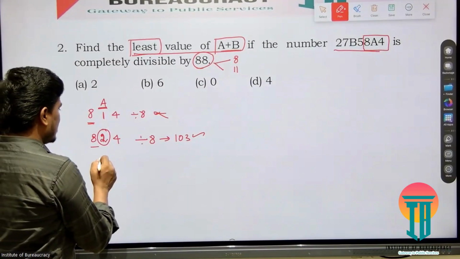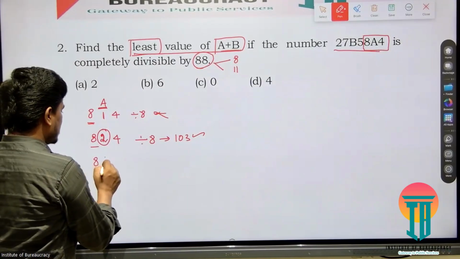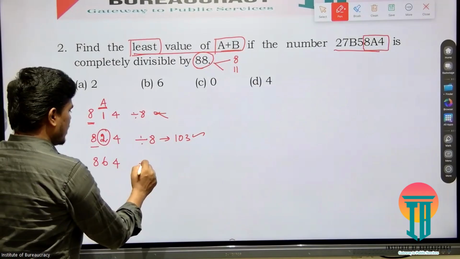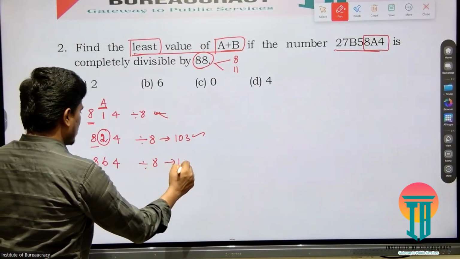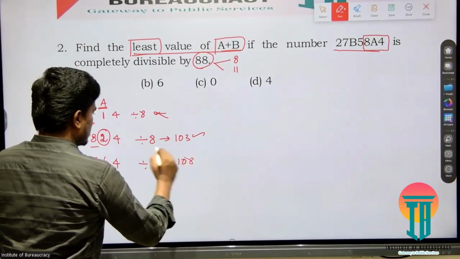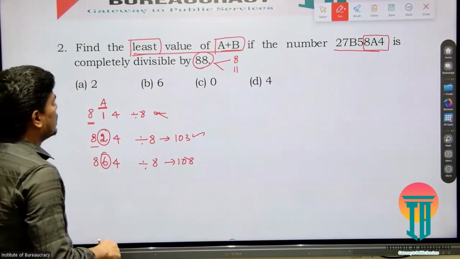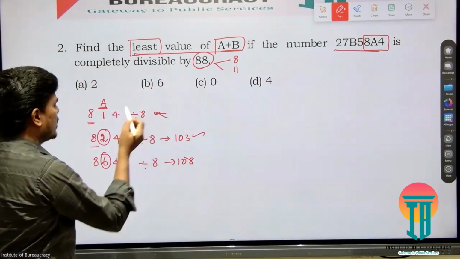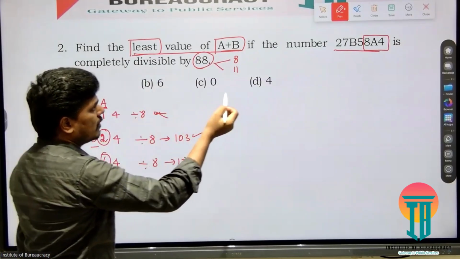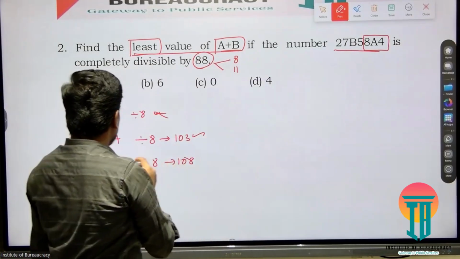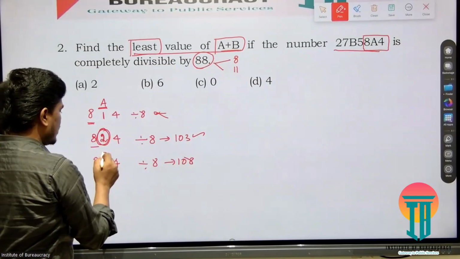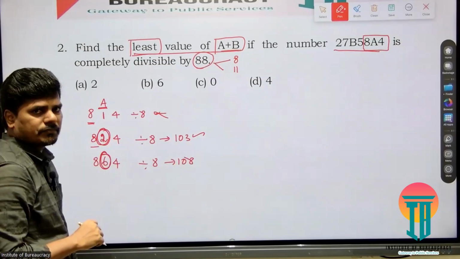If I take 6, it is 864, and when I divide by 8, it is going to be 108. So I can take 6 also. But the question is about the least value, and we have two possibilities for A. It can be either 2 or 6.